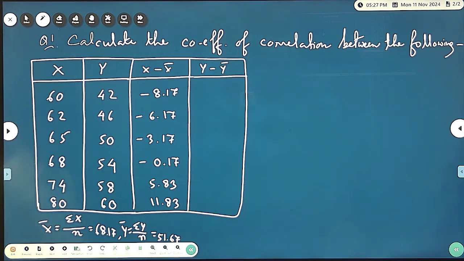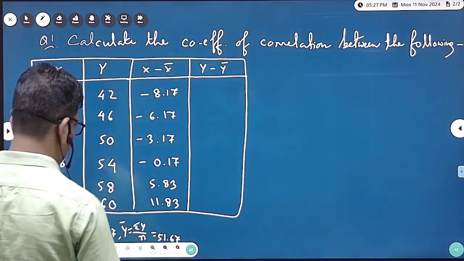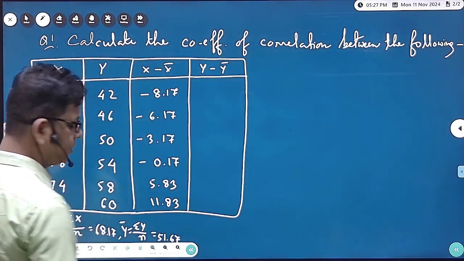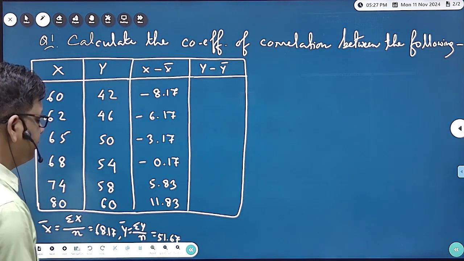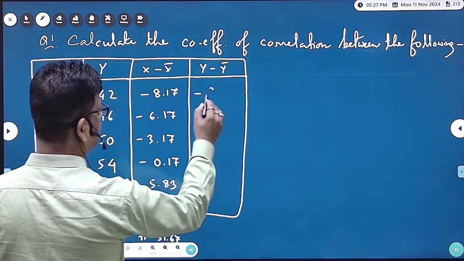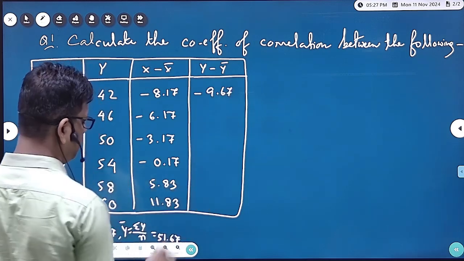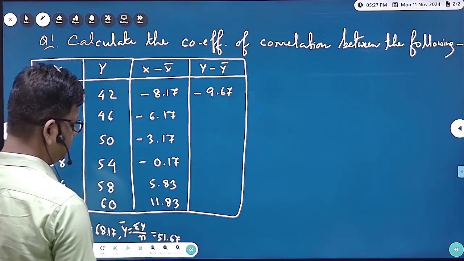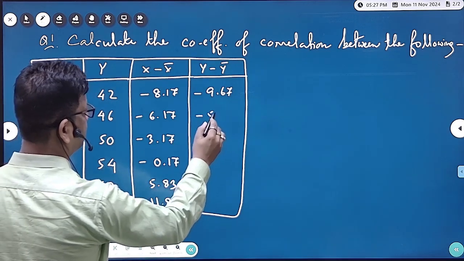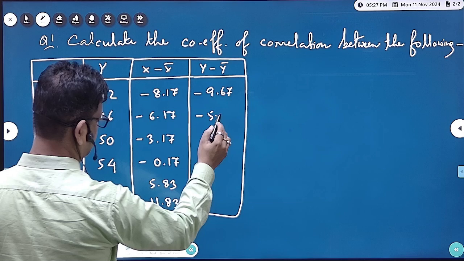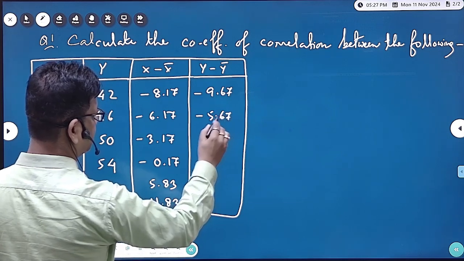So y minus y bar will be 42 minus 51 point this, minus 9.67. Then 46 minus this, minus 5 point, correct or not? Minus 5.67.